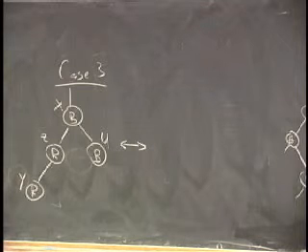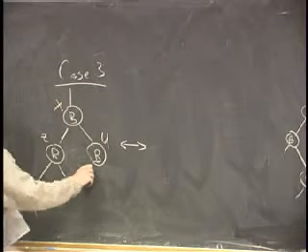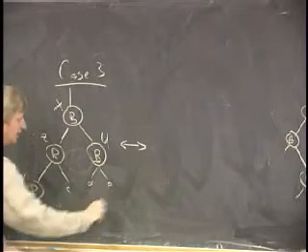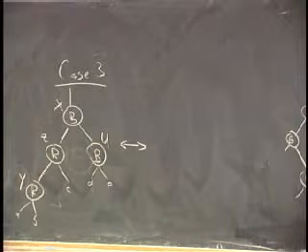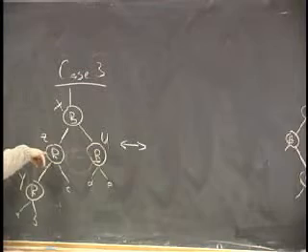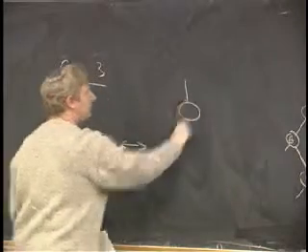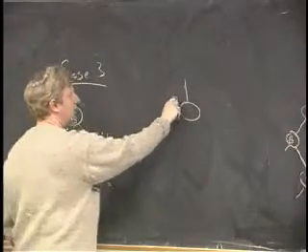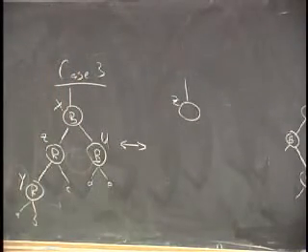Let's change this. What's the whole thing going to look like after we've rotated it? Let's put little leaves here. I'll call these A, B, C, D, E. What's it all going to look like when I'm done? Do it yourselves once, otherwise you'll never do it. Let's rotate it around. So what's going to be at the top? Z. We're going to change the color when we're done, right?